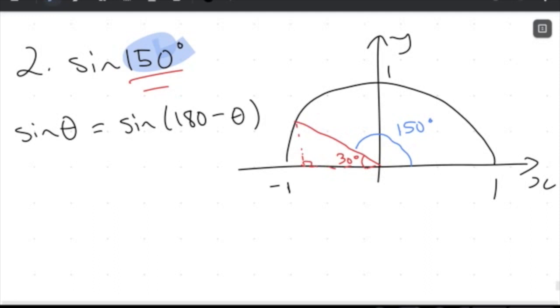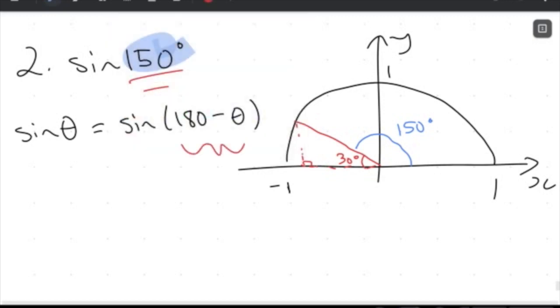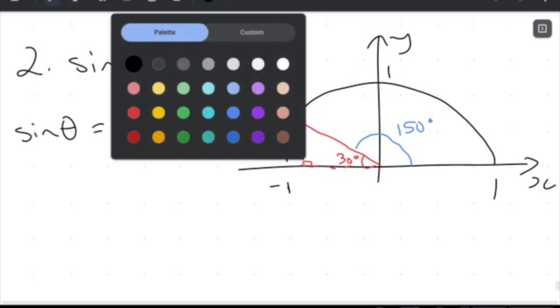Since we're doing sine of 150, the 180 minus theta here has to equal 150. So what value of theta is being subtracted from 180 in order to give me 150? Well, my theta here is going to be 30. So that kind of makes sense.